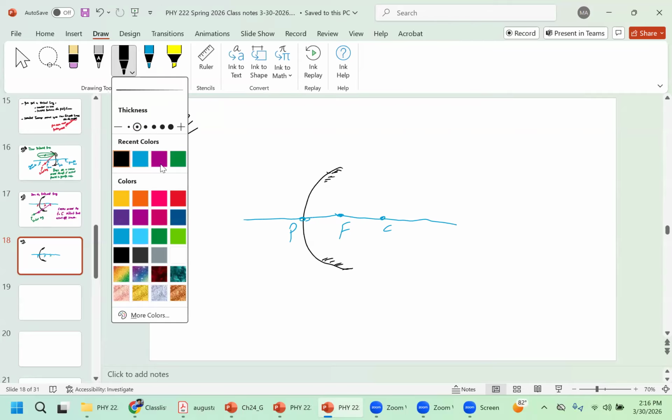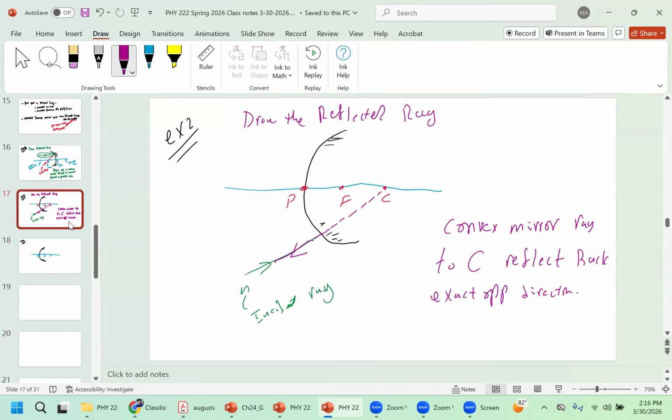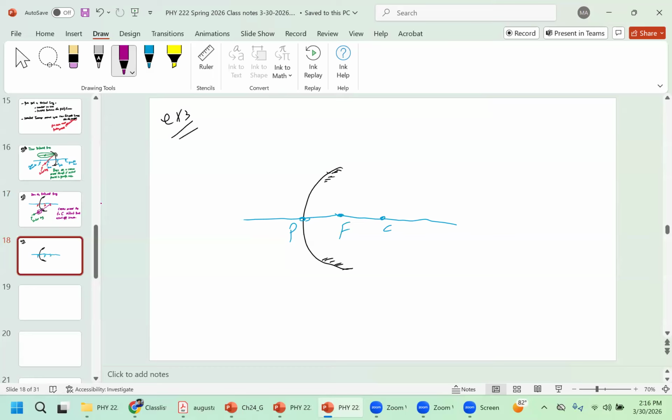So this one goes in. What's going to happen in this case?